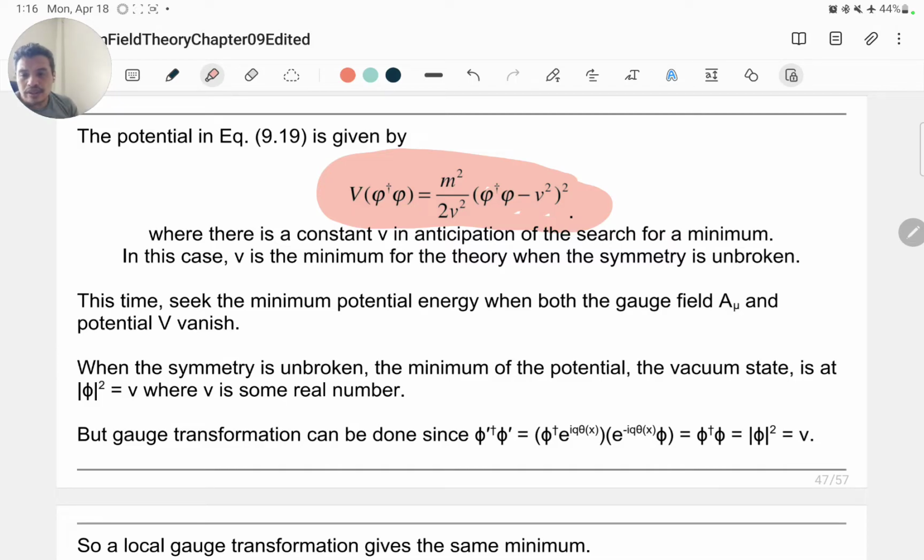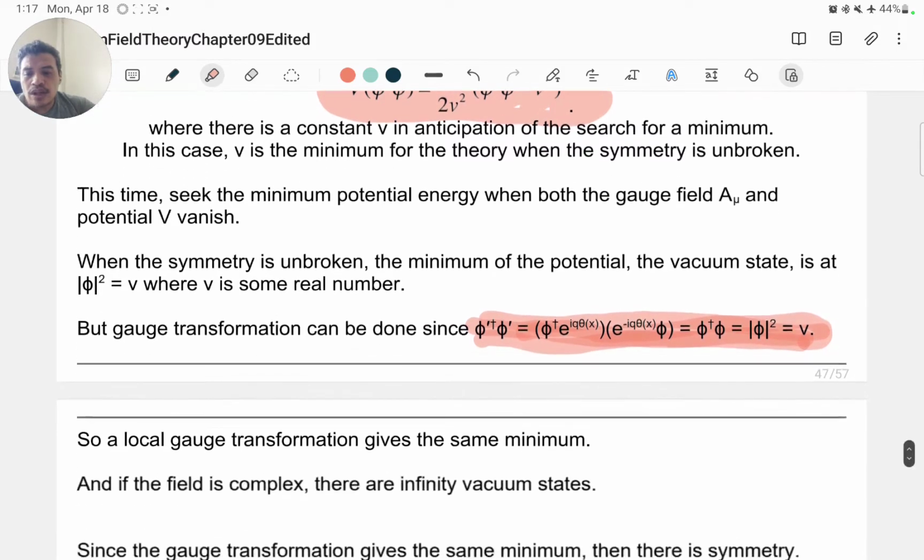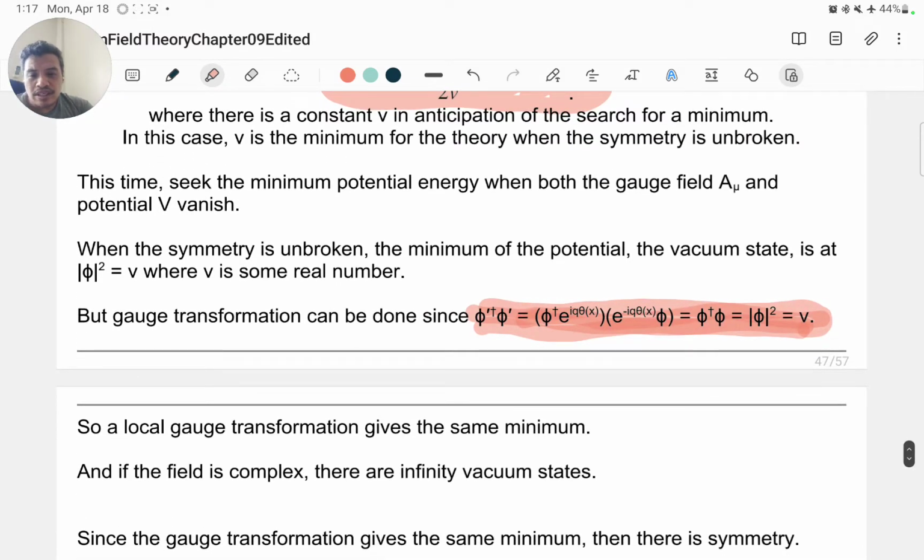So now we look at the gauge transformation. This is just the gauge transformation. So you can see that phi squared is equal to nu. And so the local gauge transformation gives the same minimum.